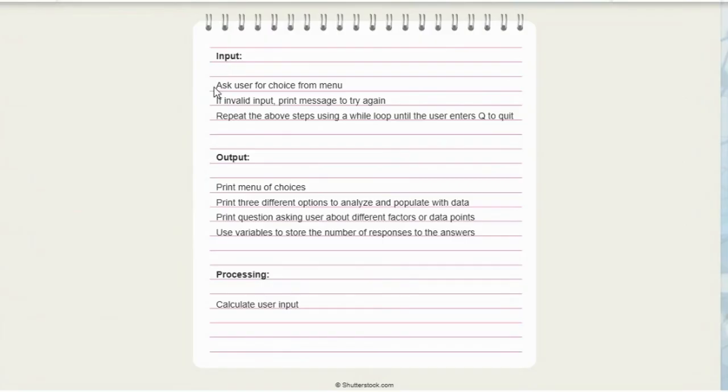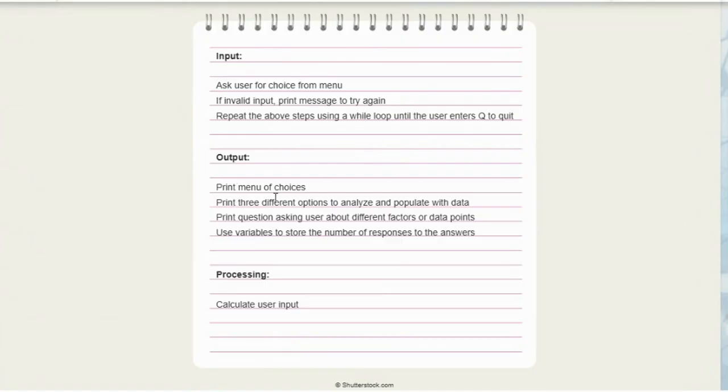Input. Ask the user for a choice from a menu. If given an invalid input, print a message to try again, because maybe they entered something that didn't make sense. Repeat the above steps using a while loop until the user hits Q to quit. Okay, so it'll have multiple inputs for them to do.